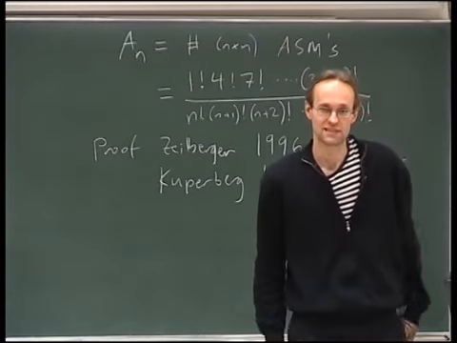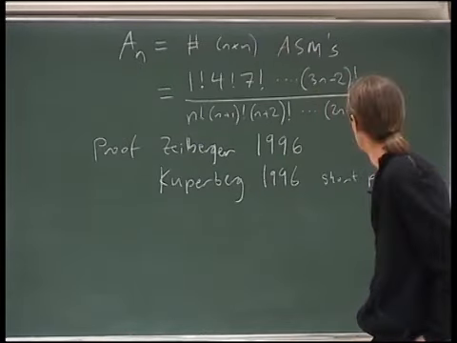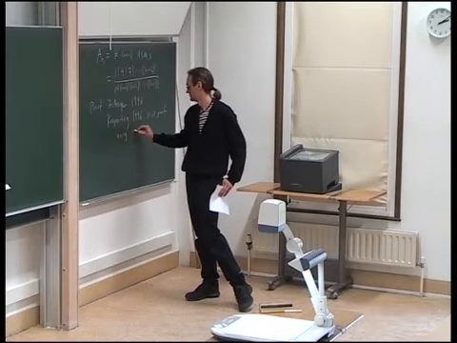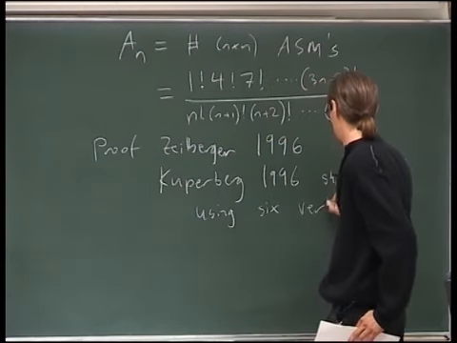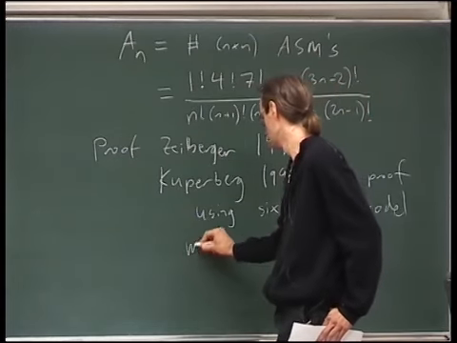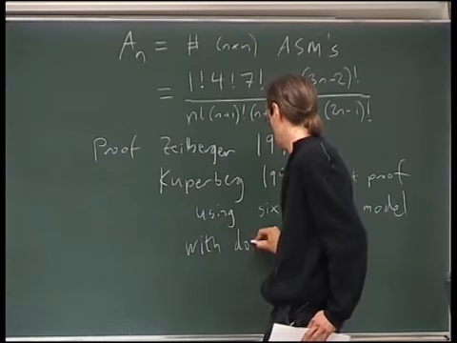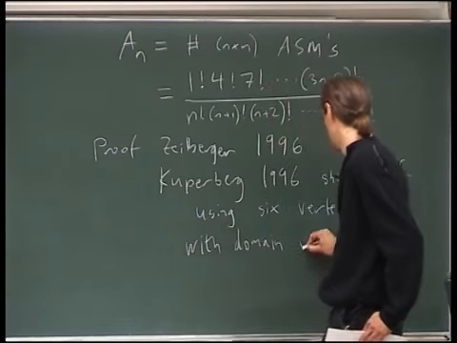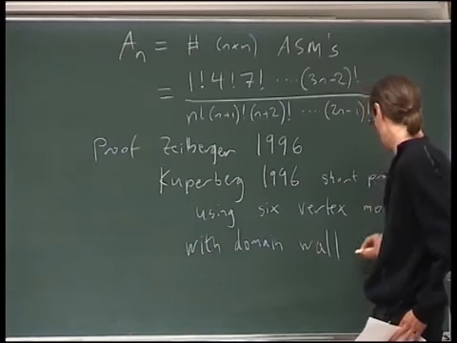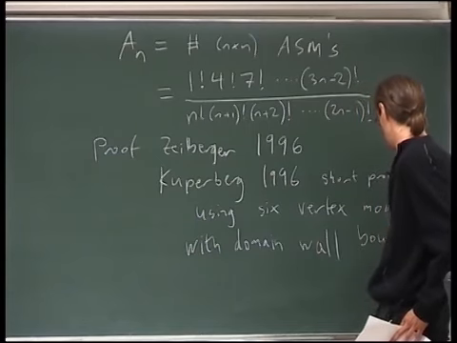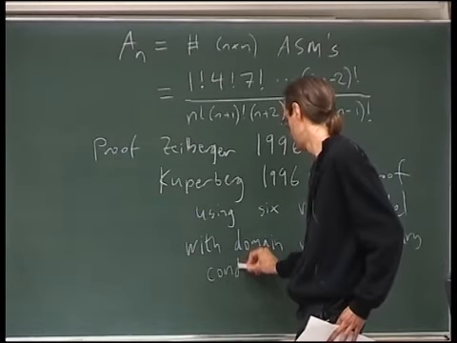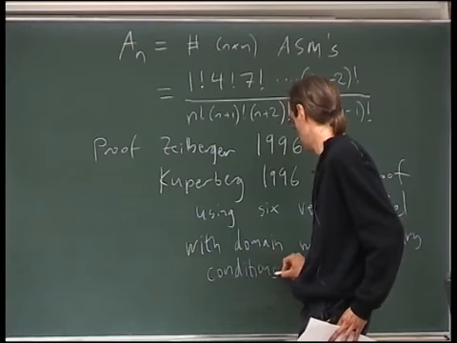And that proof uses the 6-vertex model, and actually with so-called domain wall boundary conditions, where you have the 6-vertex model on a square with the domain wall boundary conditions.